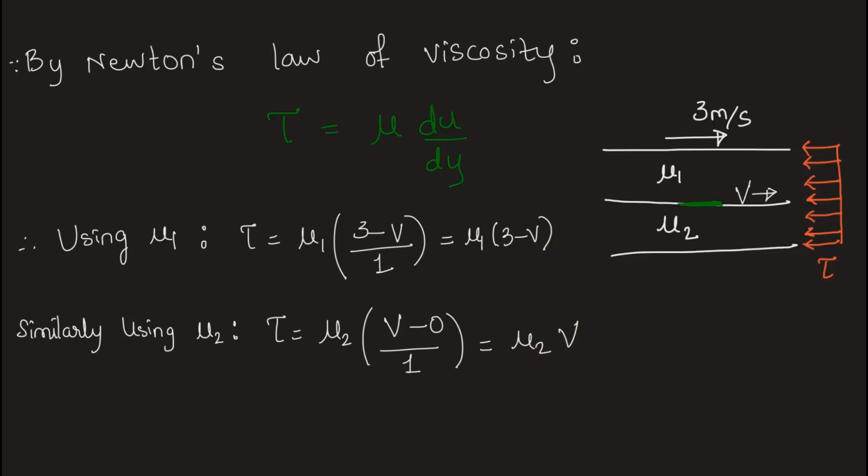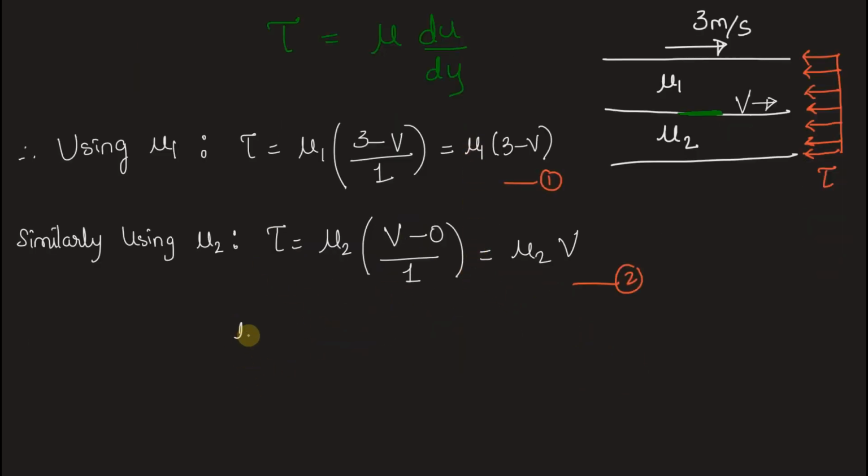Now we can equate equations 1 and 2 as the value of tau is same at the interface. So we have mu1 into 3 minus v is equal to mu2 v. We can put mu2 in terms of mu1. So mu1 into 3 minus v is equal to mu2, which is 2 times mu1, v.